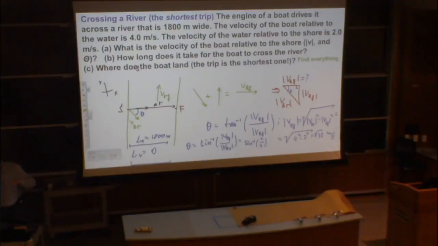So this velocity, the actual velocity relative to the ground should be equal to this divided by time. So time should be equal to this distance divided by this number. And if we use our calculation, that now should be equal to 1800 over square root of 12. That's it. Any questions?